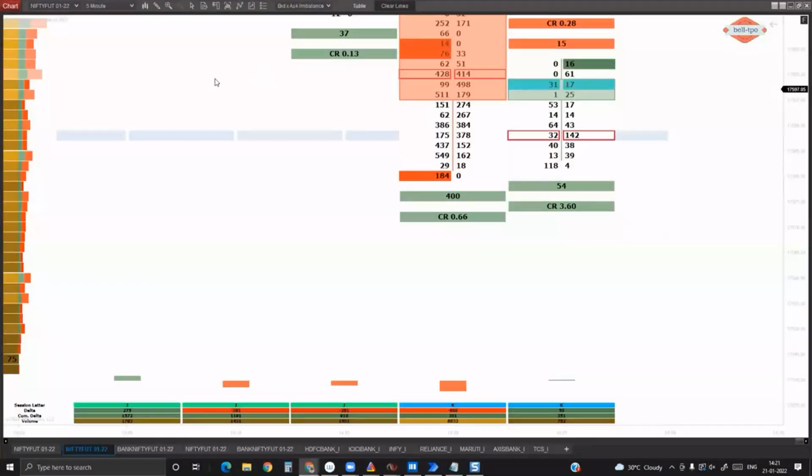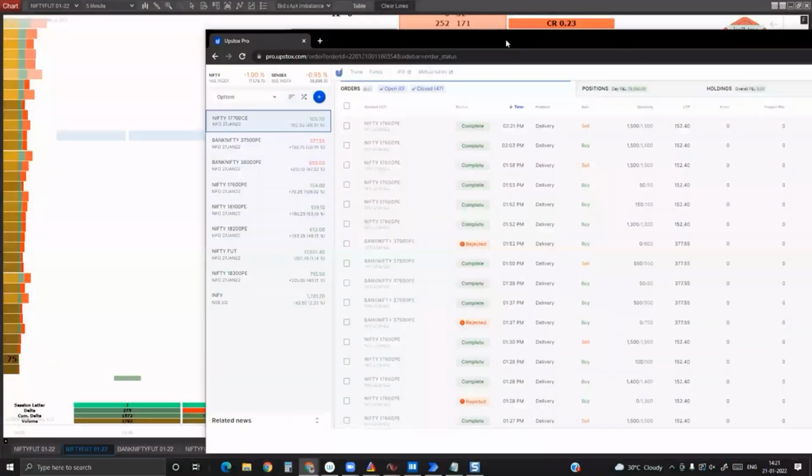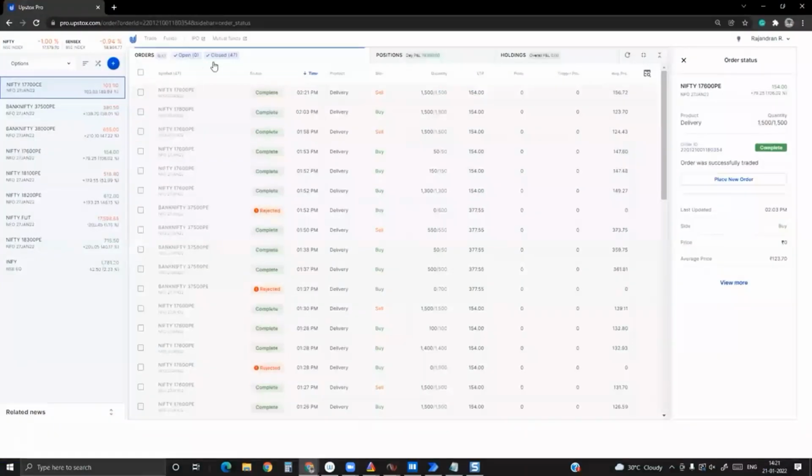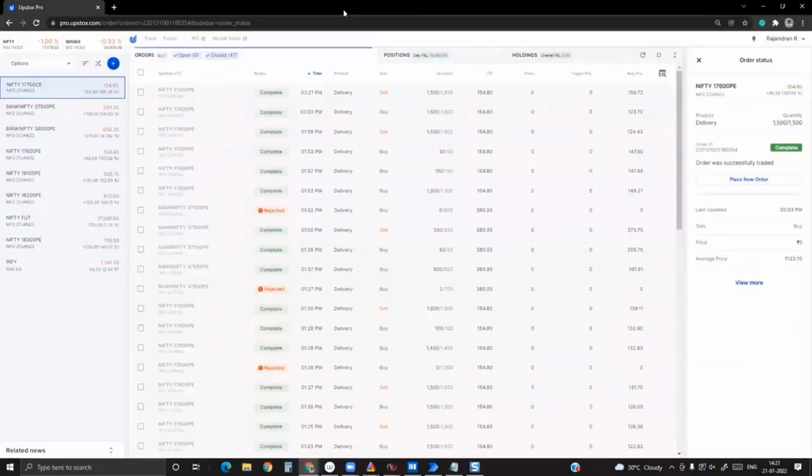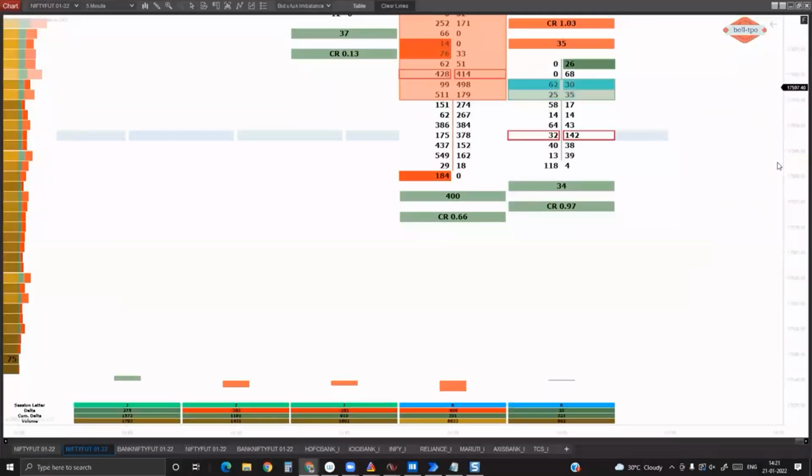Total number of trades went to like 47 trades in a day, mostly working on the P's.